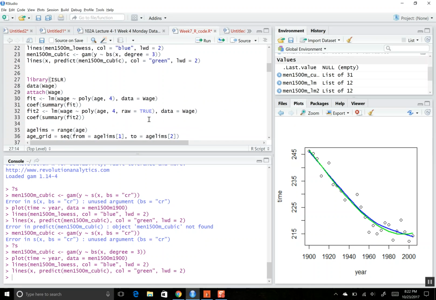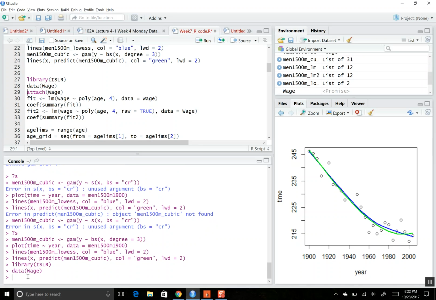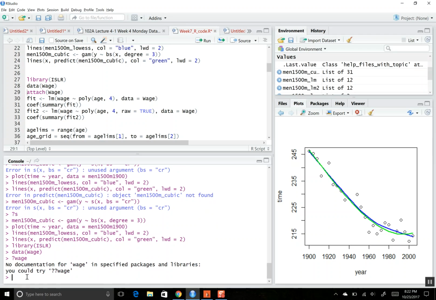We can also take a look at another set of data. This is some wage data, and here we're going to use the textbook ISLR, and we want to see what kind of predictors go into determining someone's wages.